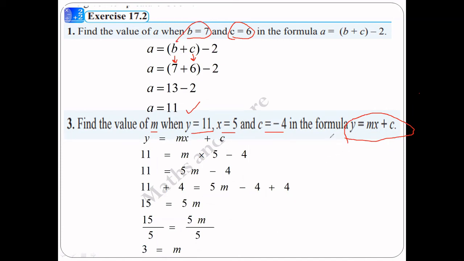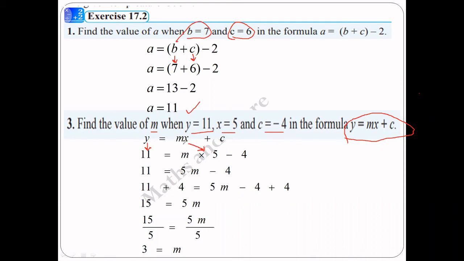y equals mx plus c. Put 11 for y. mx means m times x, in between m and x there is multiplication. So m times x, and x is 5. So m times 5.